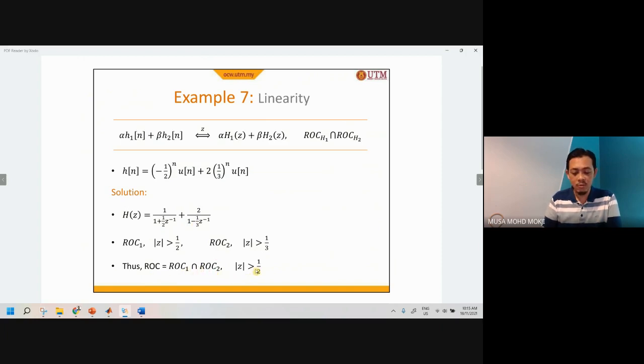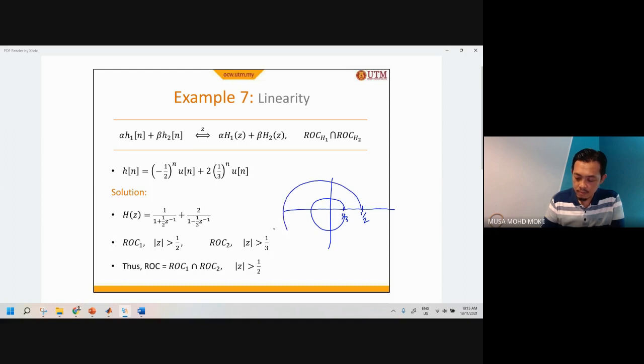So if we sketch, 1/3 is supposed to be somewhere here, and 1/2. Sorry, this is not a union. This is a cross section.